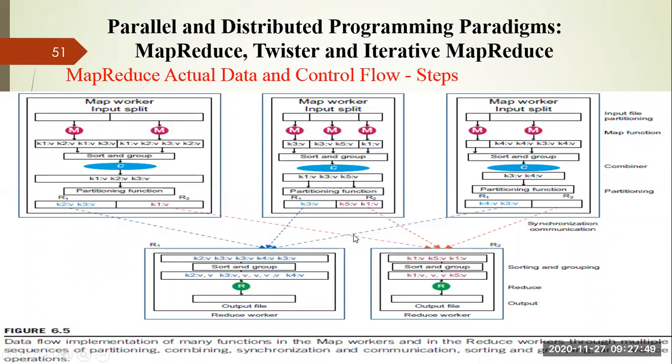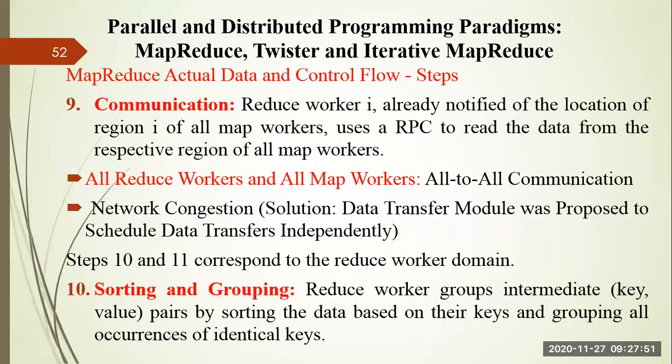If you see it from that angle, then network congestion may happen. So what is the solution? The solution is the data transfer module, which was proposed in MapReduce to schedule the data transfer independently, so that it should not conflict with other communication.